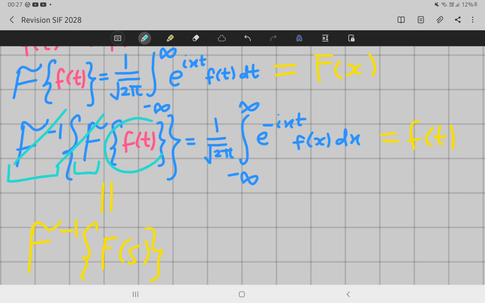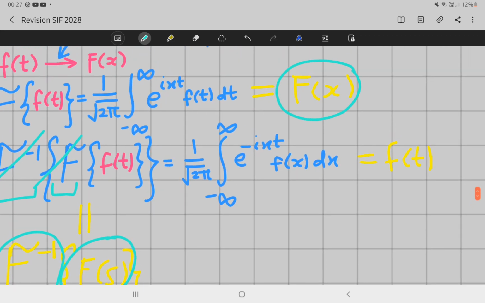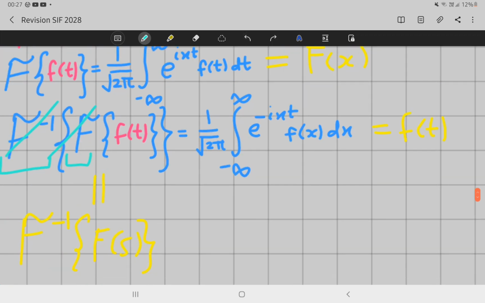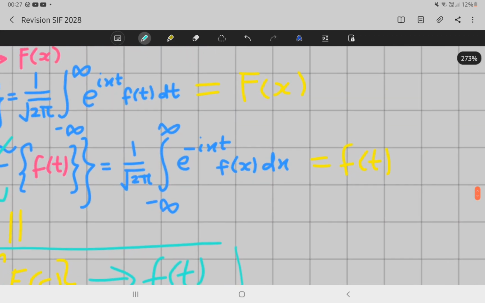It will give you only f of t. And also, if you do the Fourier transform of the f of s, this one, you will get nothing but f of t also. So everything is right.